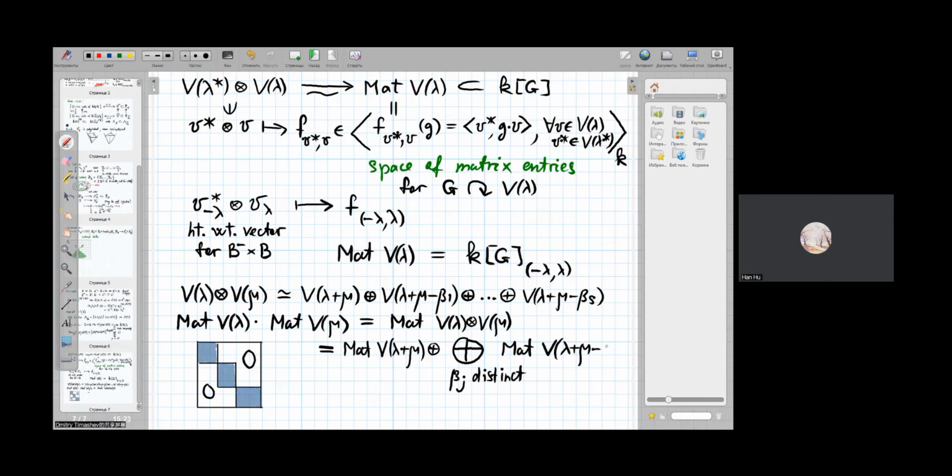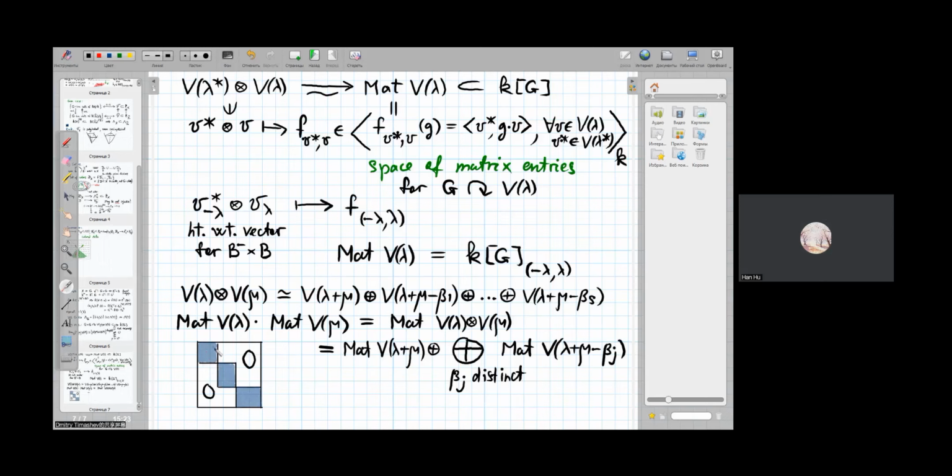Oh, well, here it comes just by this calculation. Let me explain. Of course, it is related to the multiplicity free property, but here it comes just by a very simple reason, because if you have two isomorphic summands here, say beta 1 and beta 2 are the same, then we have two identical blocks here, and here, and the matrix entries here and here will be the same.